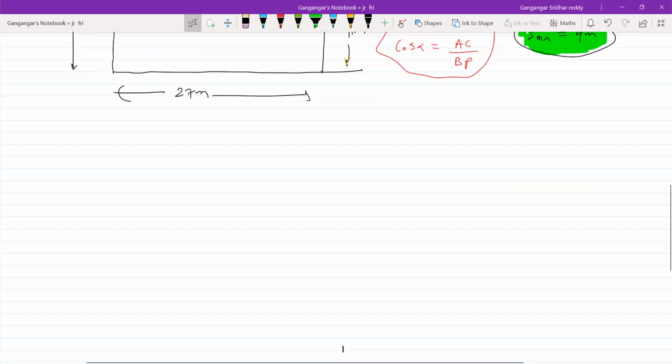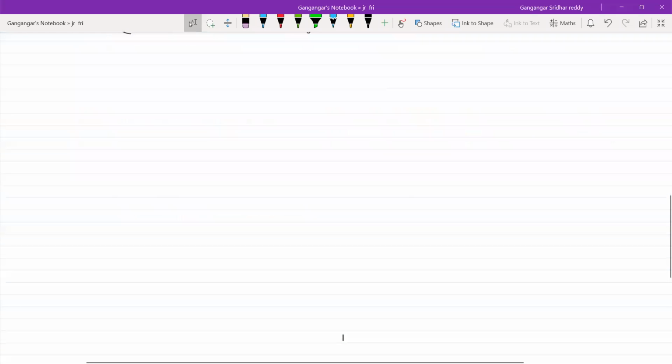Relative motion: what will be the range and time of flight of a projectile projected from a trolley? Okay, I'll directly start. Projectile motion from a trolley.